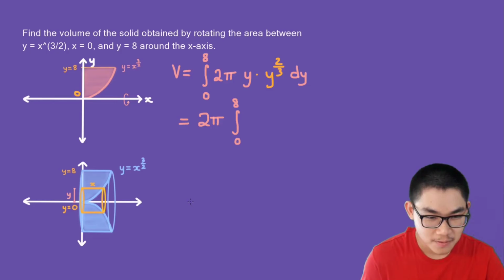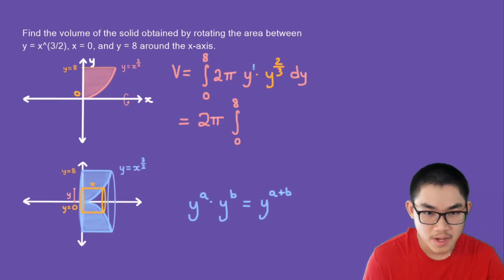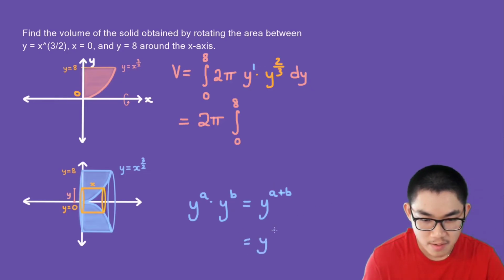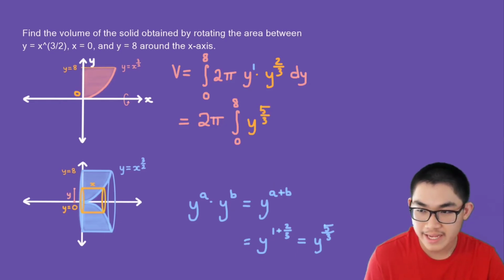If we have y to the power of a times y to the power of b, then the exponent rule says we're going to get y to the power of a plus b. So the power here is 1. So 1 plus 2 over 3. So let's try that. We're going to get y to the power of 1 plus 2 over 3. And that's basically going to give us y to the power of 5 over 3. So this right here will be y to the power of 5 over 3 dy.